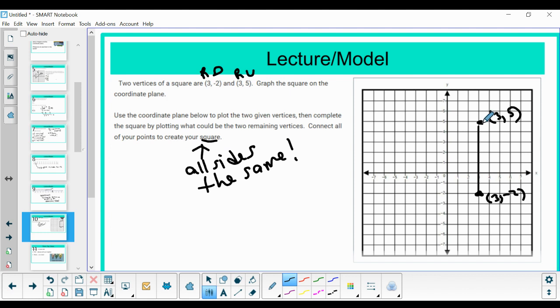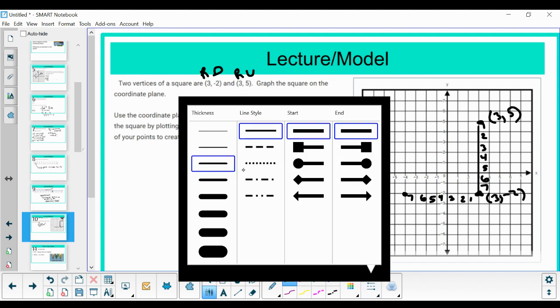So this side here is 1, 2, 3, 4, 5, 6, 7 units. So now we need to count 1, 2, 3, 4, 5, 6, 7 units this way. Because again, if the first side is 7 units, all sides have to be 7 units.